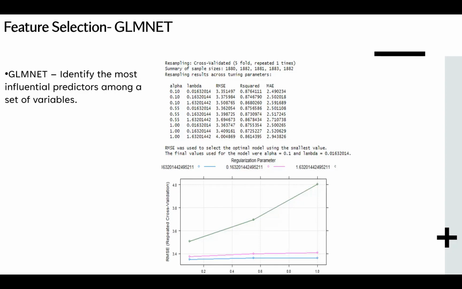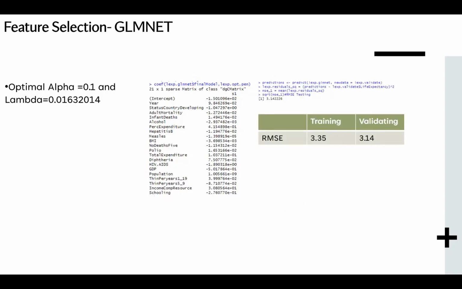The crux of our selection criteria was to minimize prediction error, with the ultimate goal of achieving the smallest RMSE. After careful analysis, the GLMNet method leads us to the optimal model configuration characterized by alpha equal to 0.1 and lambda equal to 0.0163214. This value represents the ideal combination that effectively minimizes the prediction error in our model.